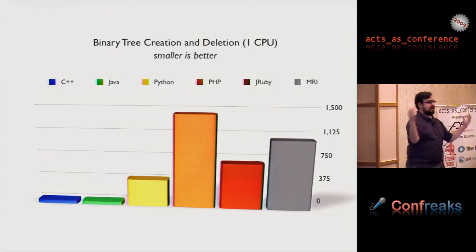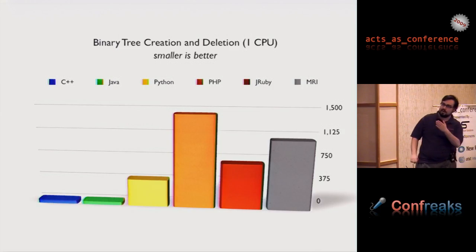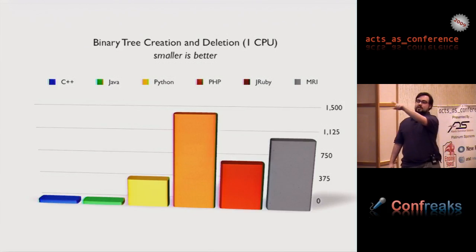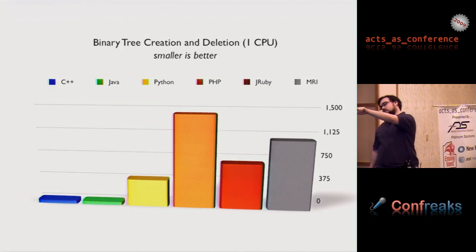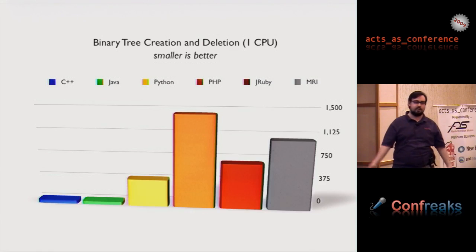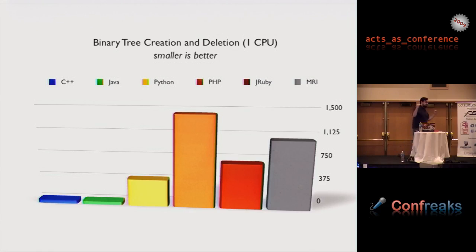For whatever reason, people seem to care about that benchmark. So if you care about it, JRuby is actually faster by a fair amount. MRI seems to be faster. No, I lied. PHP is really slow. JRuby is a little bit slower than Python. But the point is that it's not like it must be orders of magnitude slower than any other language.